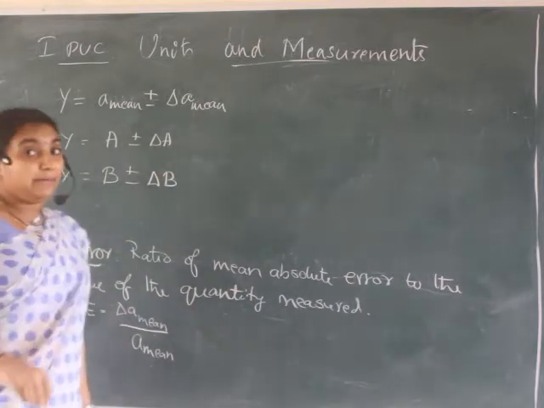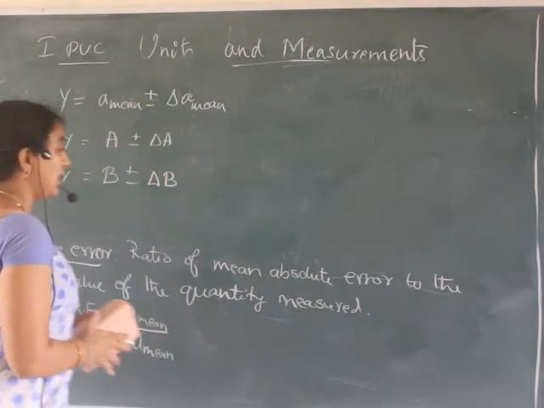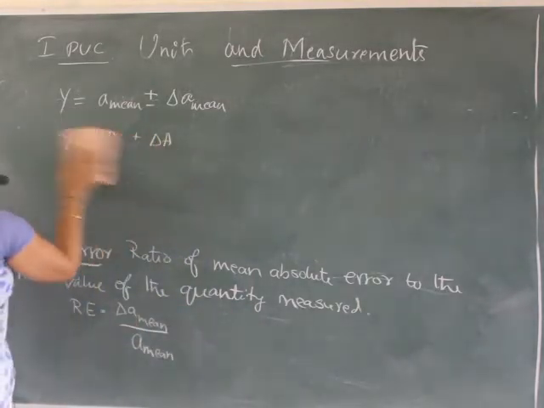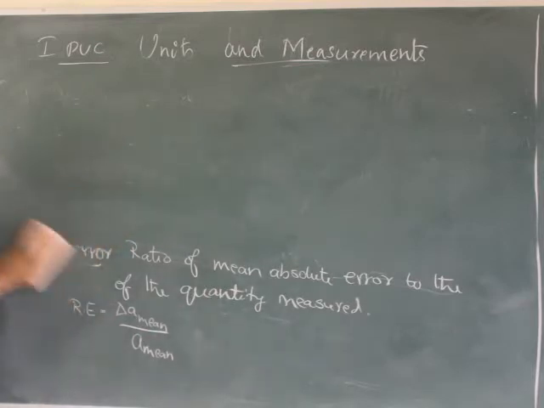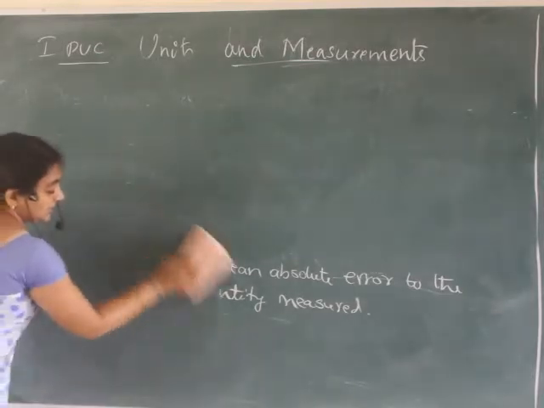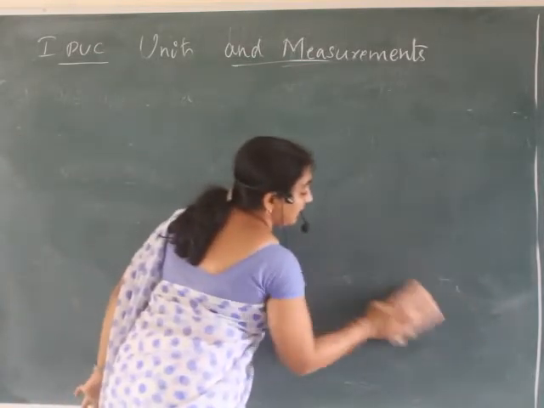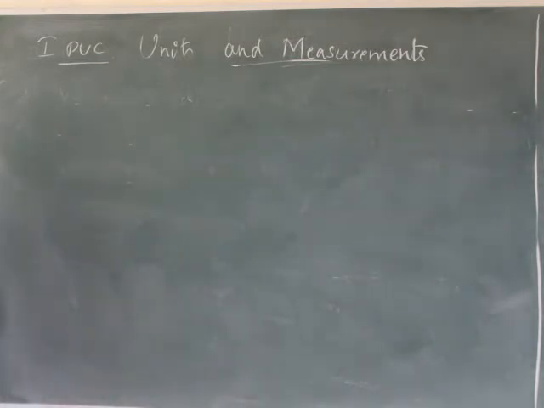So now let me consider two physical quantities A and B. Understood what I am writing? The same thing we did in the previous class, we are going to write in a different form.